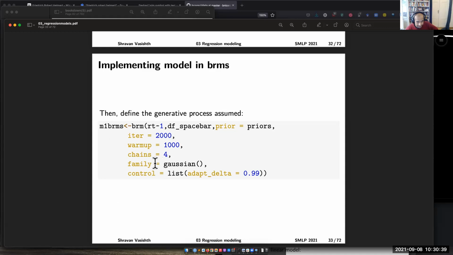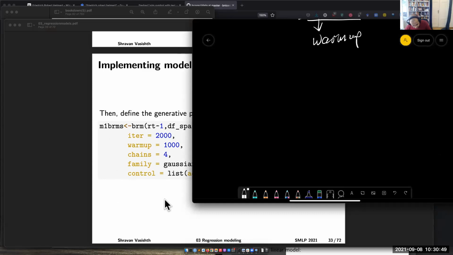Family I've already explained. This control parameter is basically used to control the way in which the sampler steps through the probability space. So, imagine again the situation. I've got these number of iterations. So let's say the first 1,000 iterations are done.